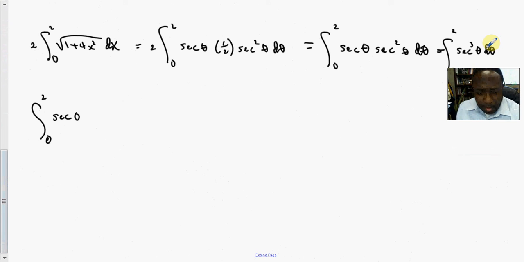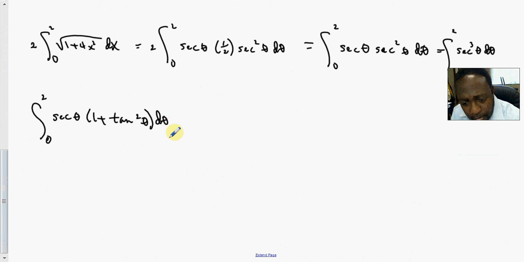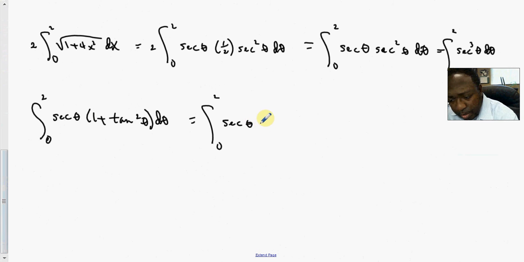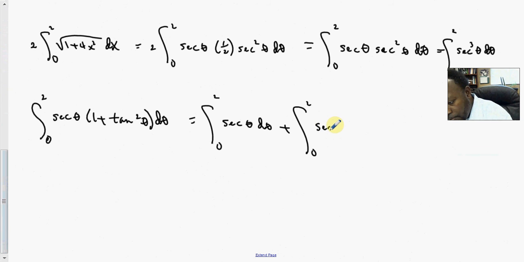Okay, so this is secant theta times 1 plus tan squared theta d theta. We can write this as the integral from 0 to 2. I'm going to break this down. This is secant theta d theta plus the integral from 0 to 2 of secant theta tan squared theta d theta.